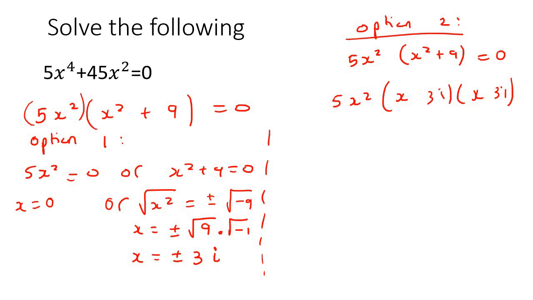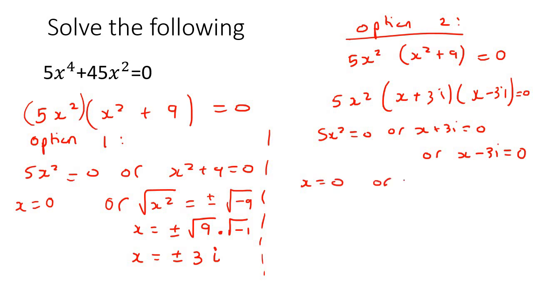If it was a minus in the middle, you wouldn't be putting the i's. And then equals 0, with a plus and a negative. So now we can say that 5x squared is equal to 0, or x plus 3i is equal to 0, or x take away 3i is equal to 0. And so we now end up with x is 0, or x is negative 3i, or x is equal to positive 3i.